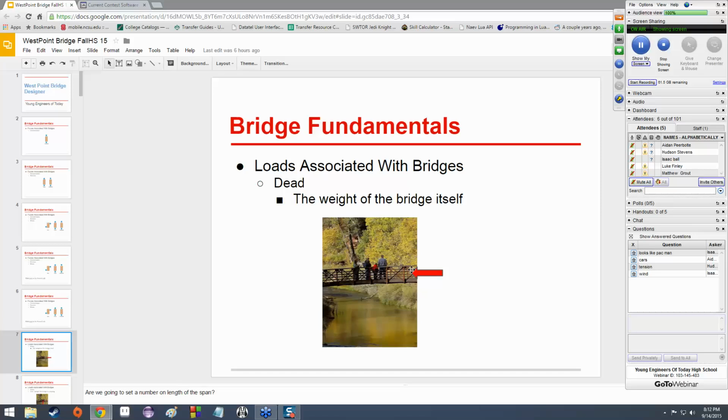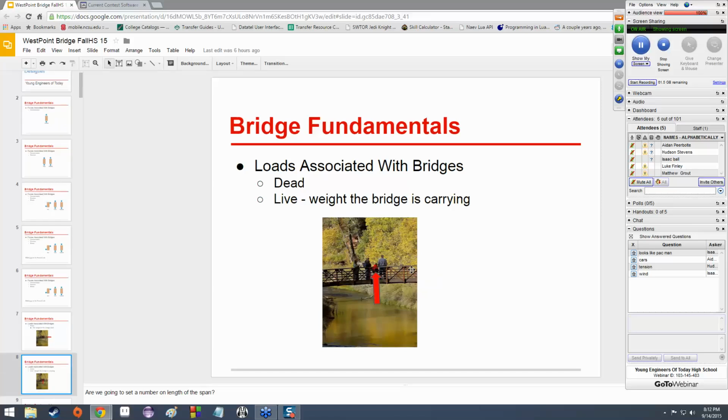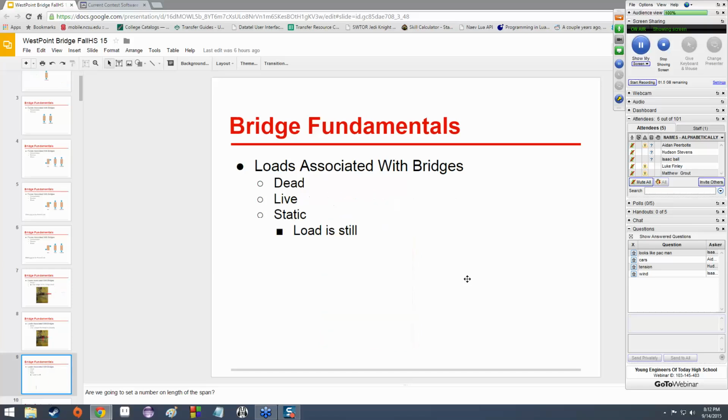And then you get another type of load. You've got a live load, which is the weight the bridge is carrying. In this example, cars or the people staring at the river. Now, live loads come in a couple different flavors. You've got static live loads and dynamic live loads. Static live loads are when your live load isn't moving anywhere.